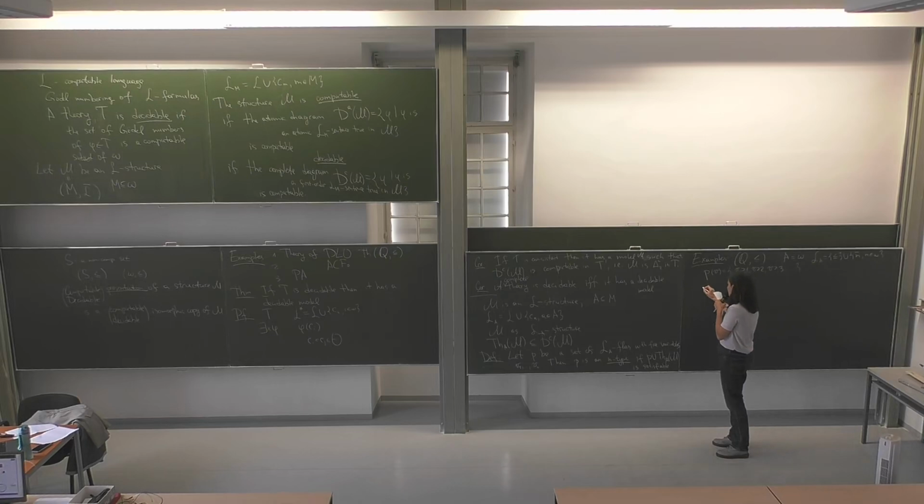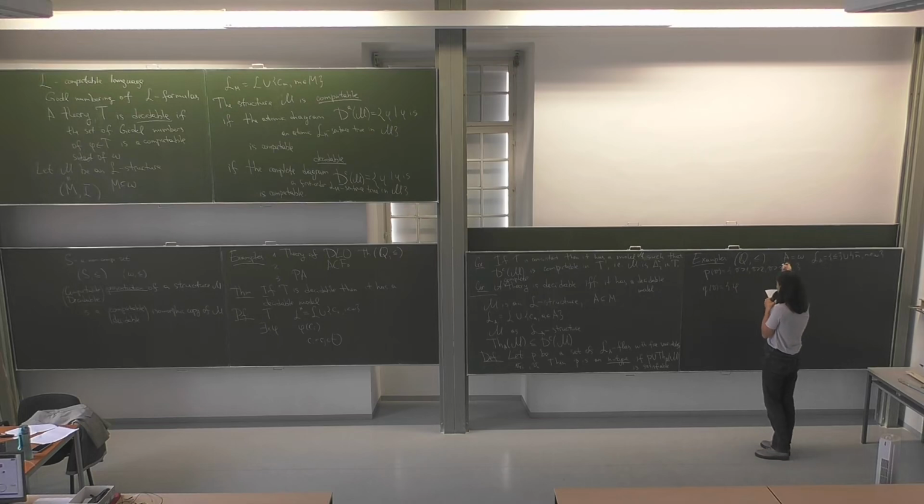And then another example of a type, let's call it Q of V. It is just the set of all formulas in this language that are true in LA about whatever element.